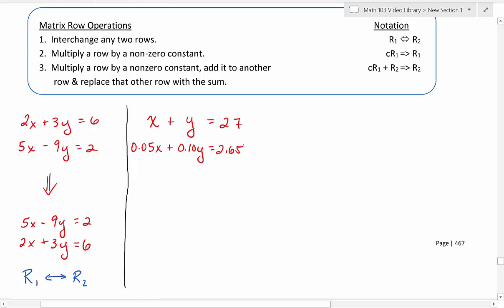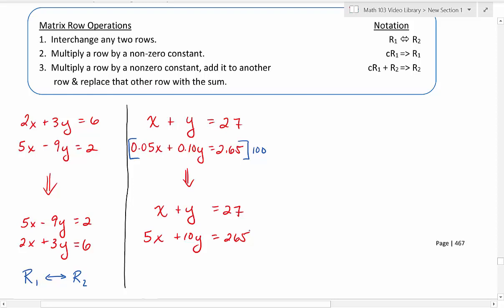I certainly don't want to solve a system of equations containing decimals, so the first thing I would have done is I would have multiplied this second equation by 100, because that would then clear the decimals for us and leave us with x plus y equals 27 and 5x plus 10y equals 265.